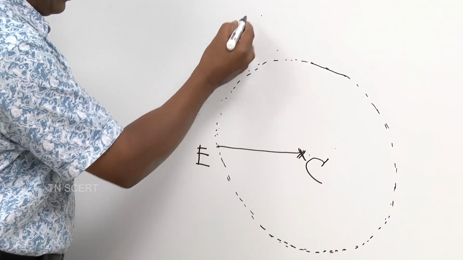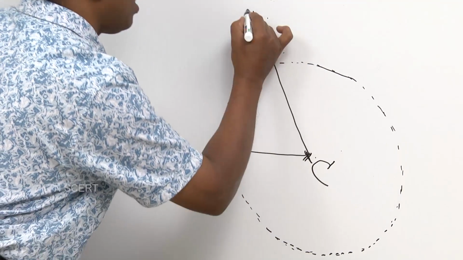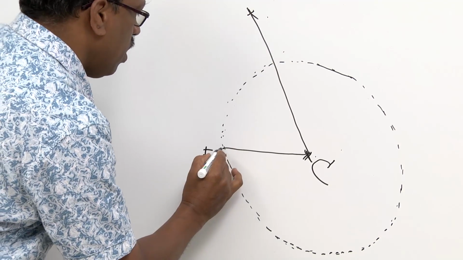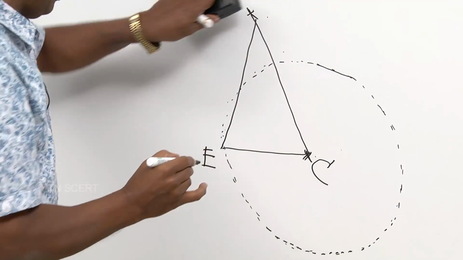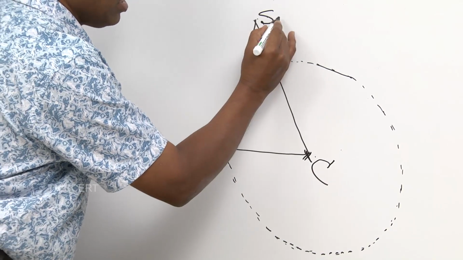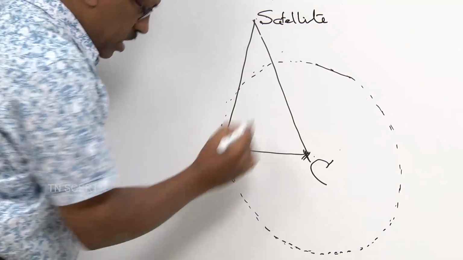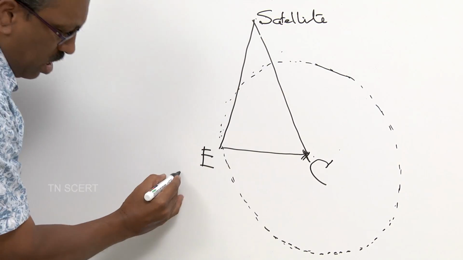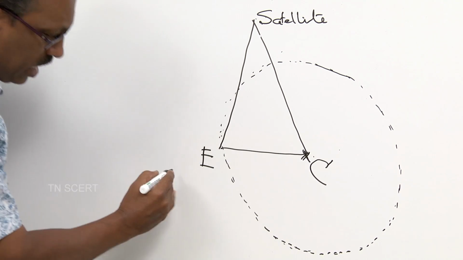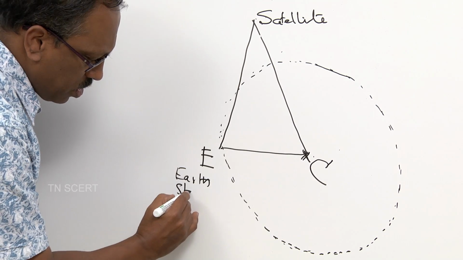And the satellite will always be on the top, in space. I can take this particular point as S. Now this is the satellite and this is the earth station, the first letter is E, earth station.